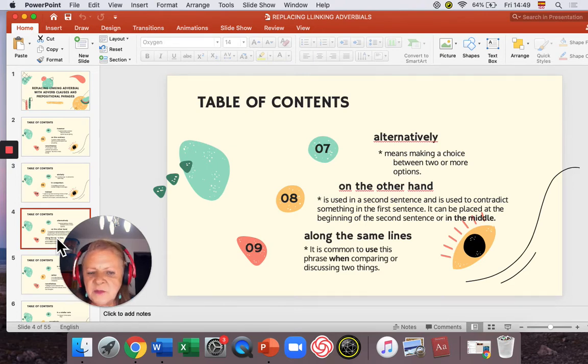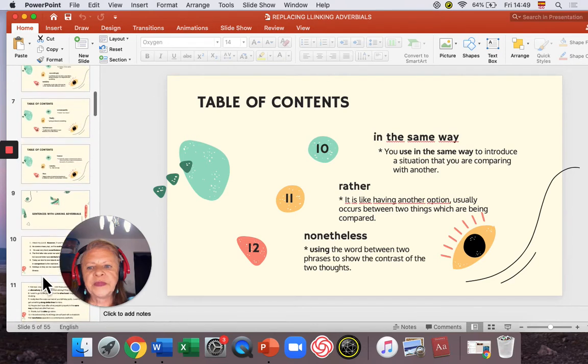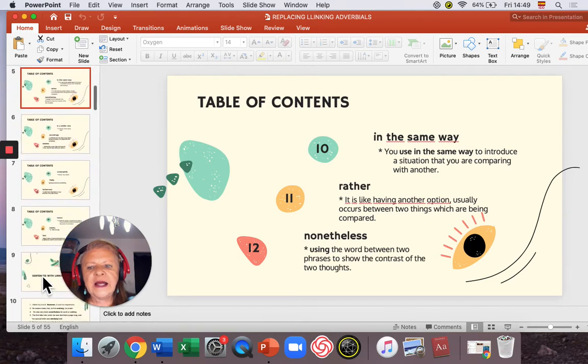It is common to use this phrase when comparing or discussing two different things. Okay? The next one is in the same way. When we are going to refer to one thing as another thing in the same line. Okay?